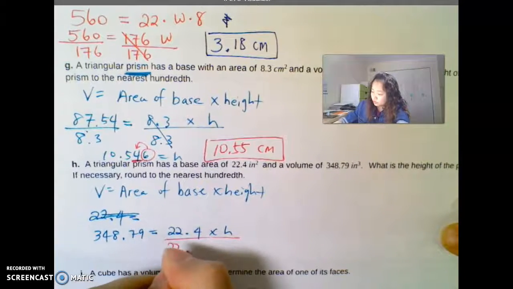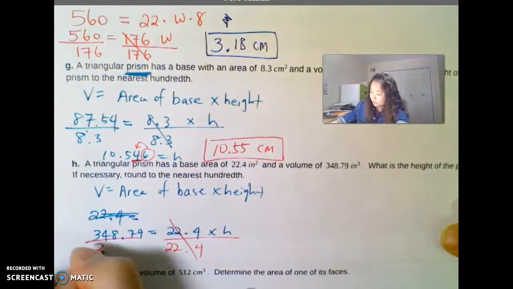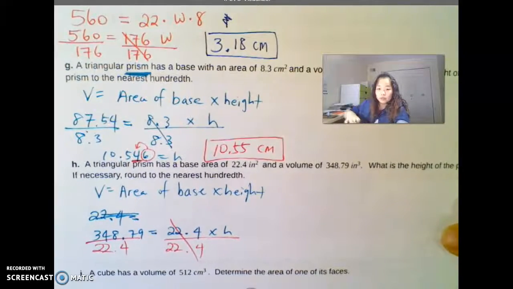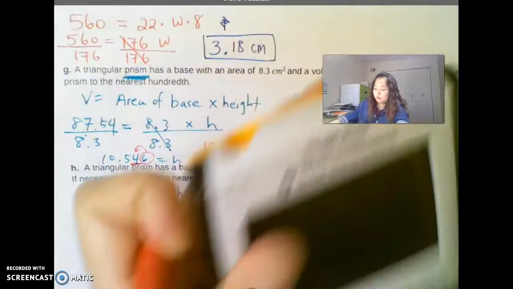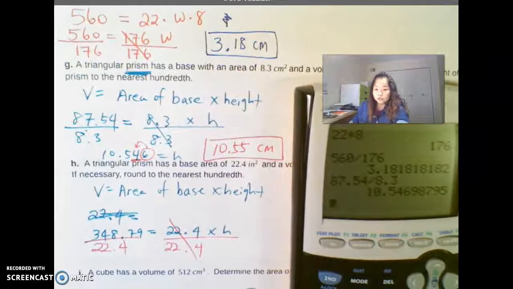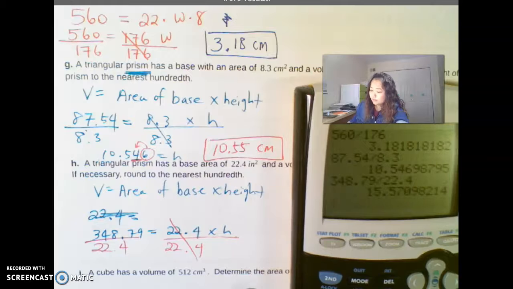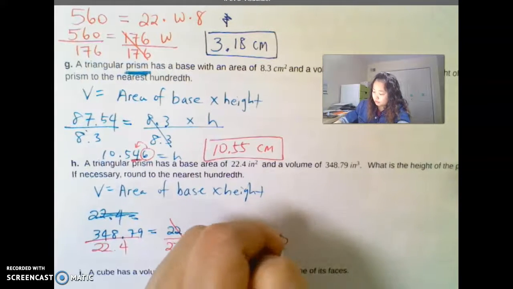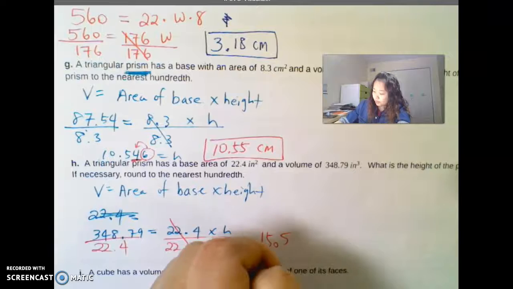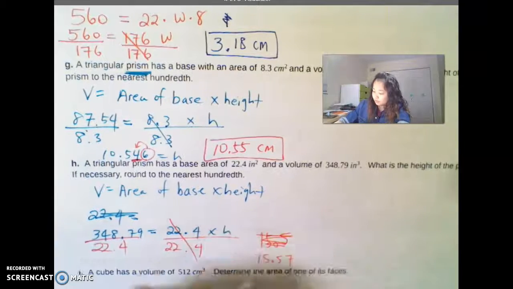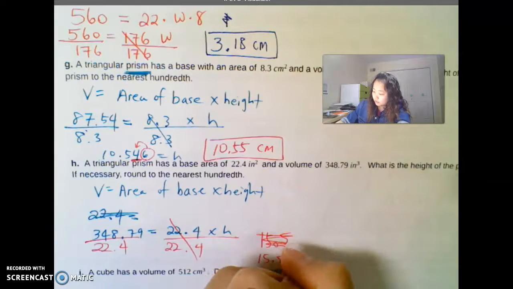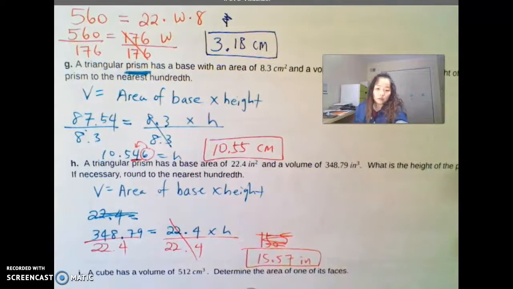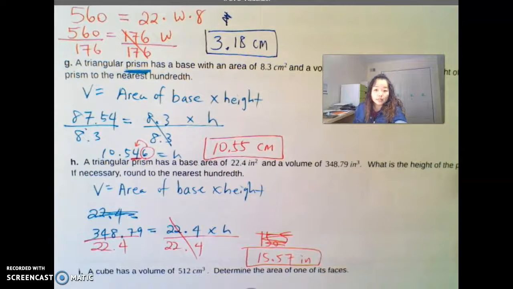Divide by 22.4. So grab a calculator and do 348.79 divided by 22.4. That's 15.57. I didn't mean to put a big open circle, but there you have it.